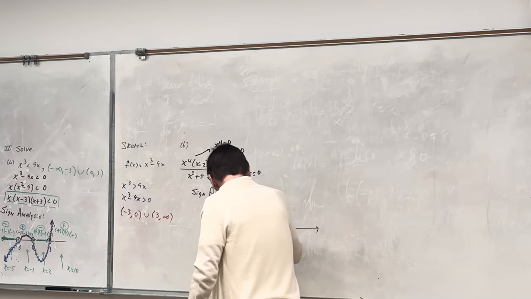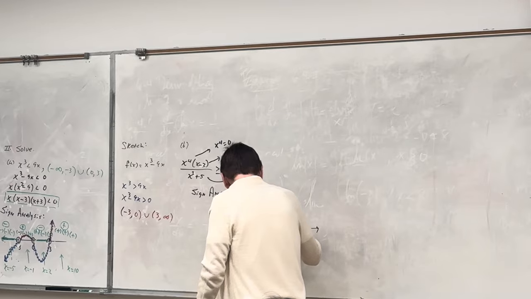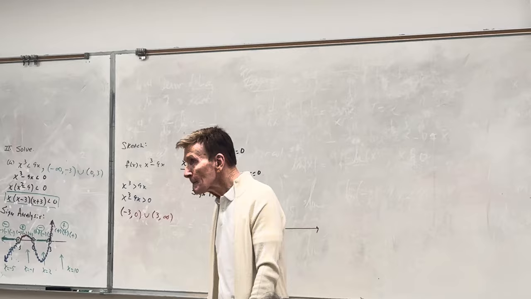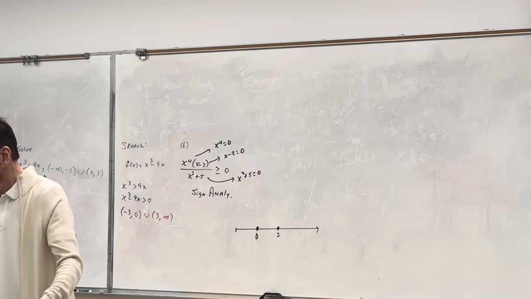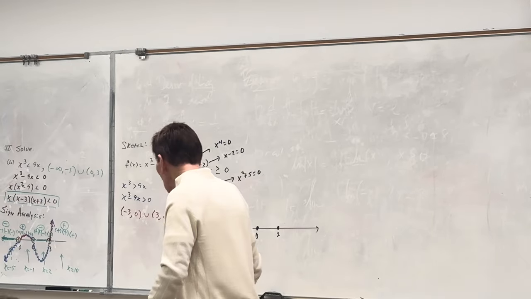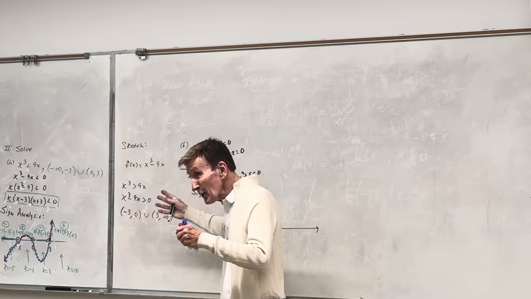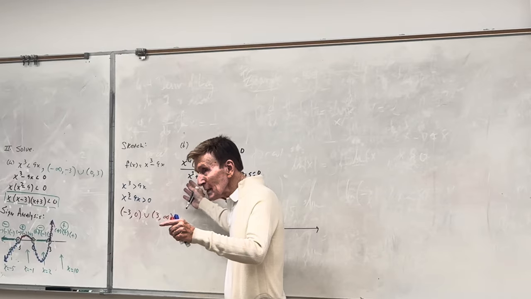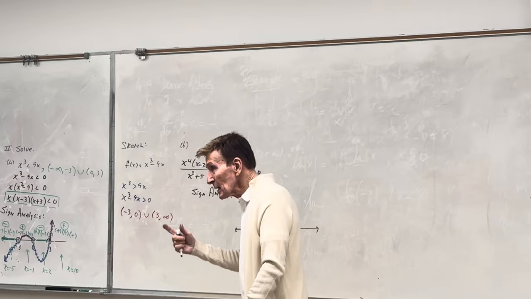In other words, am I allowed to use those 2 numbers there? If I go back and replace x by 0 or x by 2, right here, would I run into any difficulty? Would that force the denominator to be a 0 if I put a 0 in? No. If I put a 2 in, will I end up with a 0 denominator? No. So those are okay. We're good. They can be included.